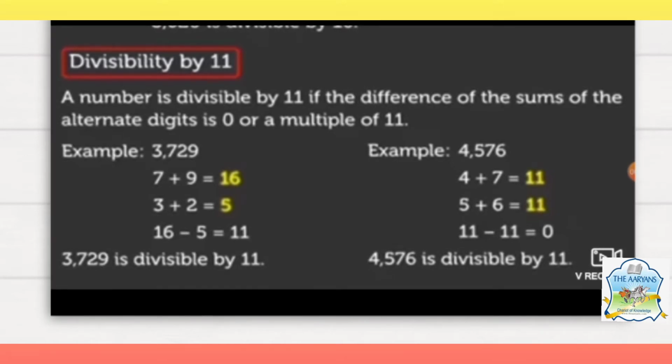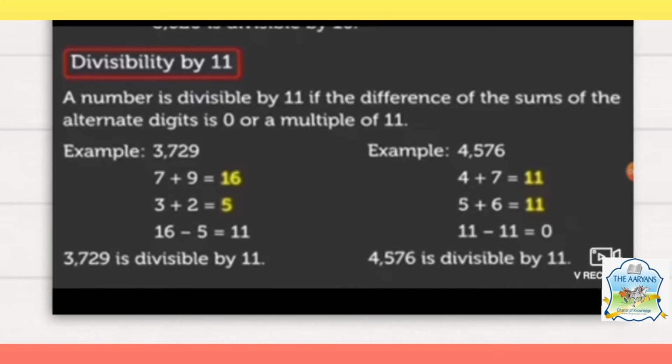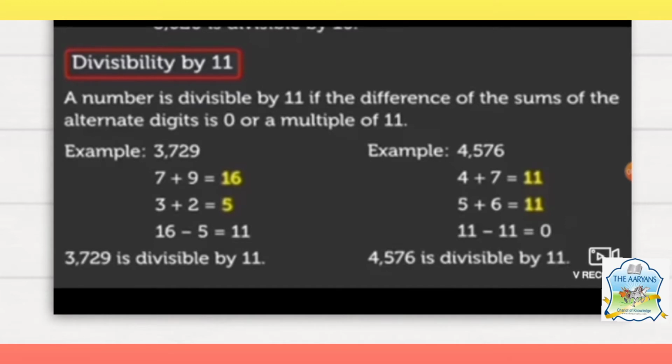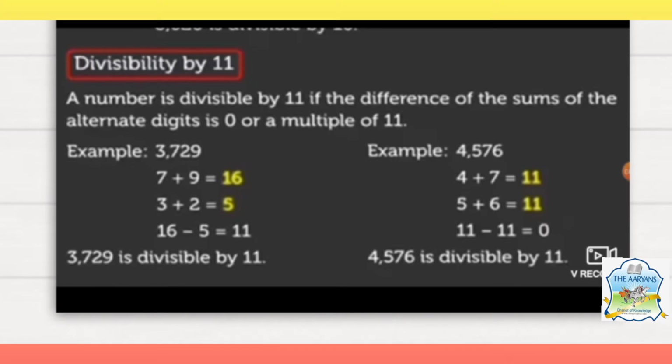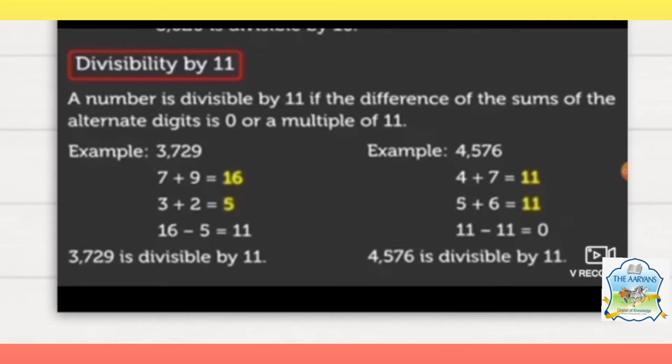We have to check whether this number is divisible by 11 or not. So, we have to sum up the alternate digits. First we sum up the first and third digits, 7 plus 9 and 3 plus 2.